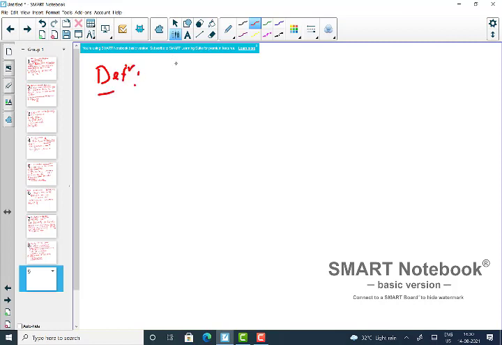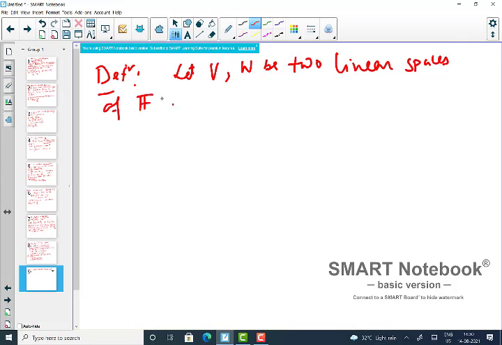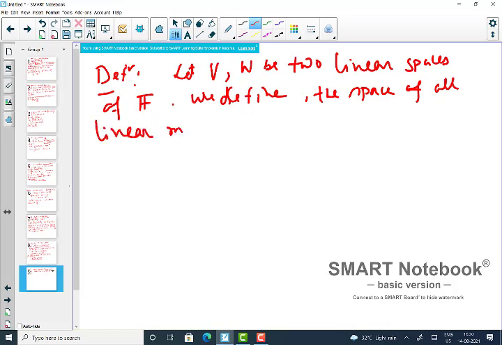So let V and W be two linear spaces over a field F. We define something called the space of all linear maps, or linear transformations, and this is my symbol L(V,W).